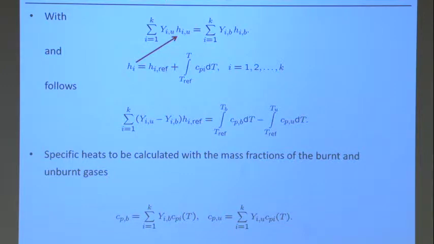I get 2 terms before combustion, 2 after combustion. I group them, so I have the chemical energy here on the left-hand side and the thermal energy here on the right-hand side. Okay? And then you see this is the Cp of the mixture. They come from the individual Cp's of the species, so Cp itself is a function of temperature, and then I have the mass fractions. We computed the mass fractions in the last lecture.